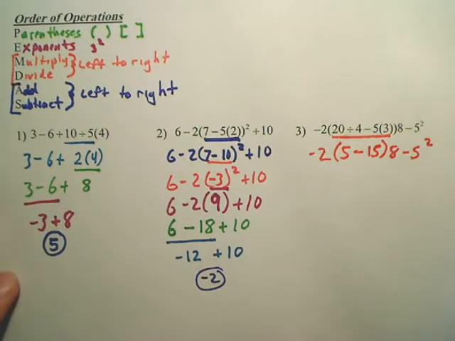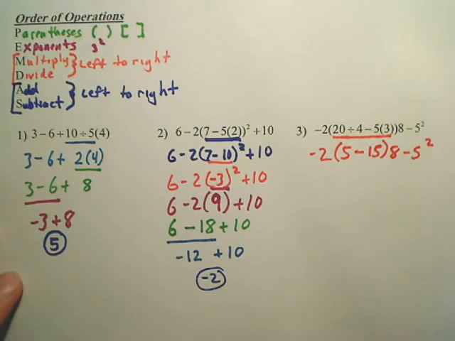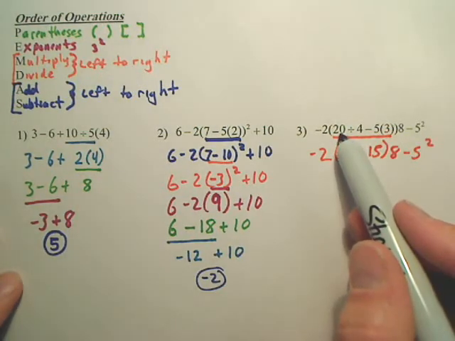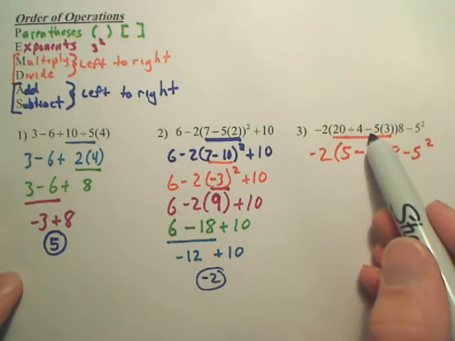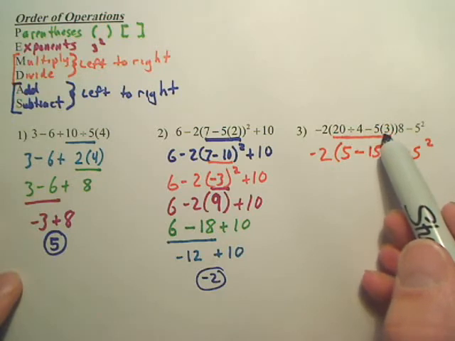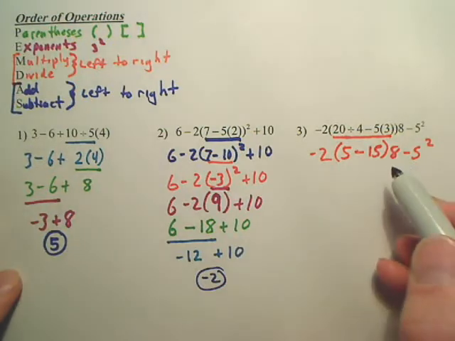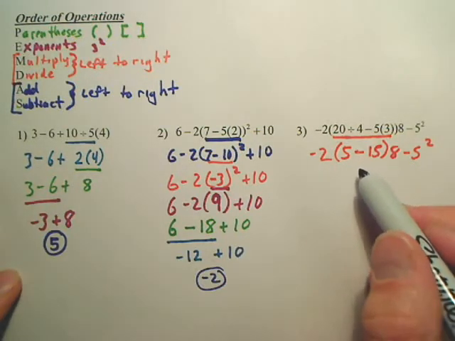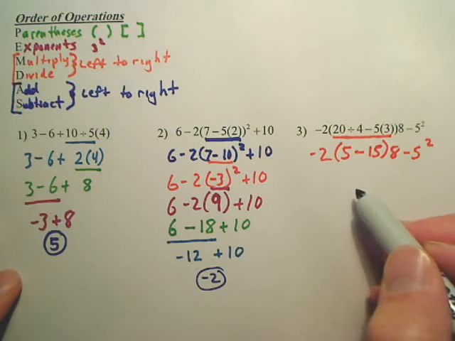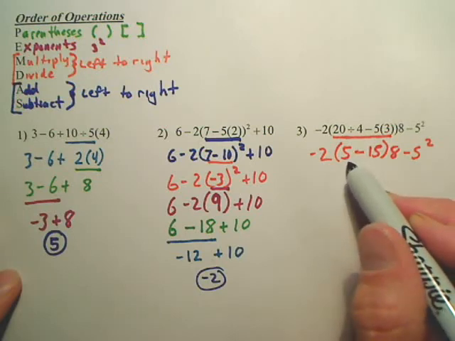Now, you don't normally always do both at the same time. I just noticed that that was, oh, that's 5. There's a minus there, and then I can do this too. Going left to right, I did both at the same time. Sometimes you want to do it one by one, but hopefully you can get used to skipping some steps. Okay, anything left inside of this parentheses?